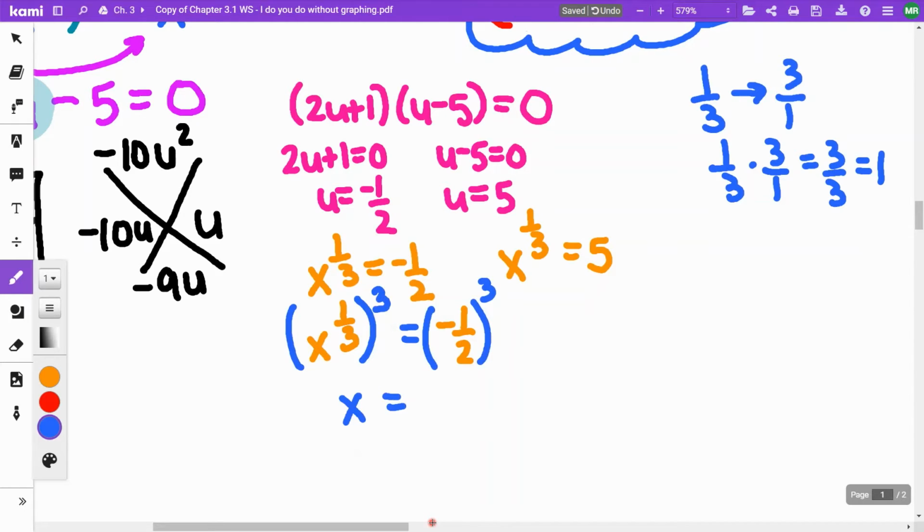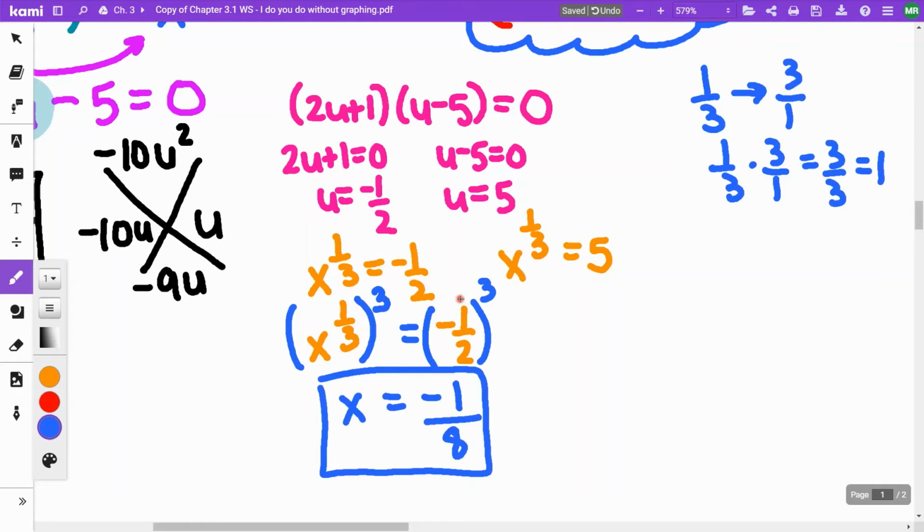On the other side, I'm going to cube a negative 1/2. When you raise any fraction to a power, you raise the top to that power and you raise the bottom to that power. So a negative 1 raised to the 3rd is negative 1, and 2 raised to the 3rd is 8. So that is going to be one of our answers.